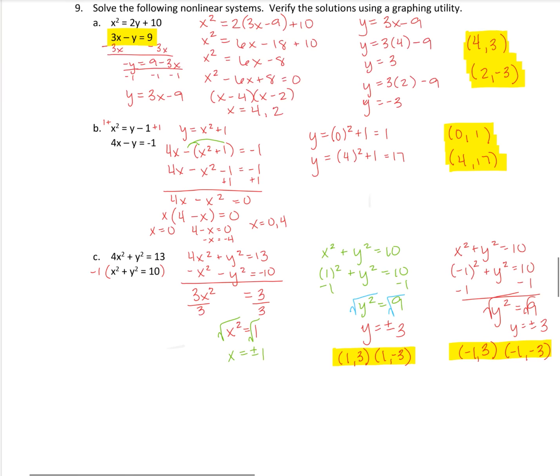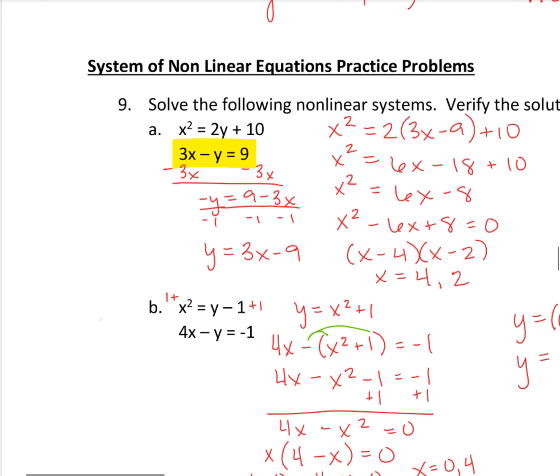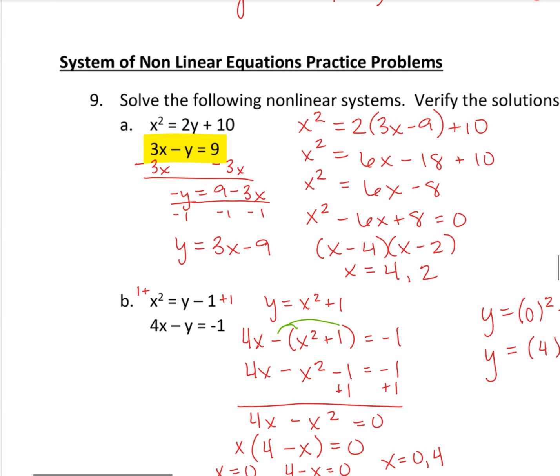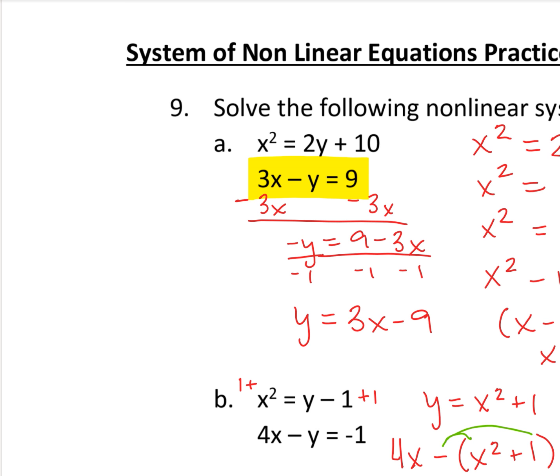Now, to use your graphing utility to do this, obviously you're going to make each one of these into a y equals. So in order to do that, I'm going to come over to the side. And I would have to take this x squared equals 2y plus 10. And I would have to move everything to the side of the x. So I get x squared minus 10 equals 2y.